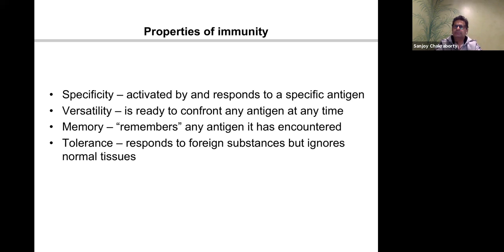Same concept. And the final one is tolerance. Very interesting concept, although the detail of which is not in your syllabus. Tolerance means our immune system makes antibody, which is true, but they don't make antibody against us, meaning against themselves. So there are two words they use. They understand self and non-self.